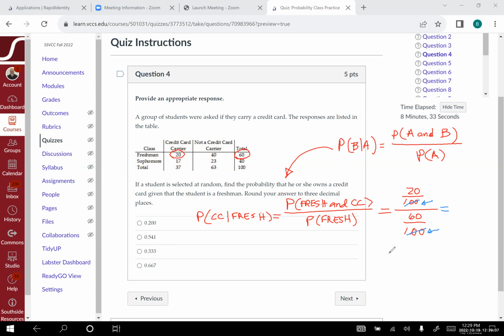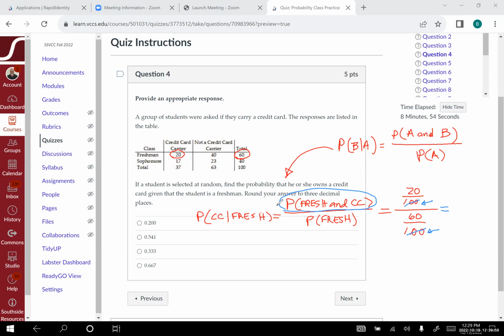So what was the reason for the 100? Because the formula says, what is the probability of being a freshman and a credit card holder? 20 is not a probability. Probabilities are between 0 and 1.